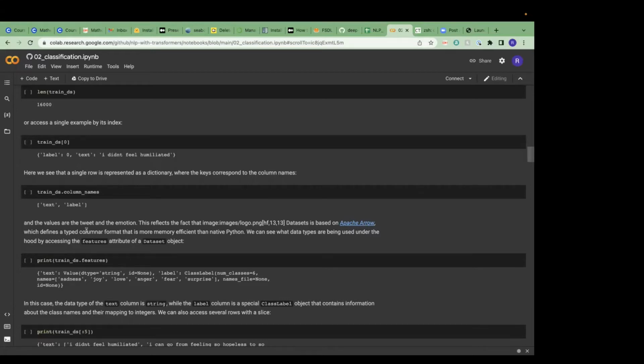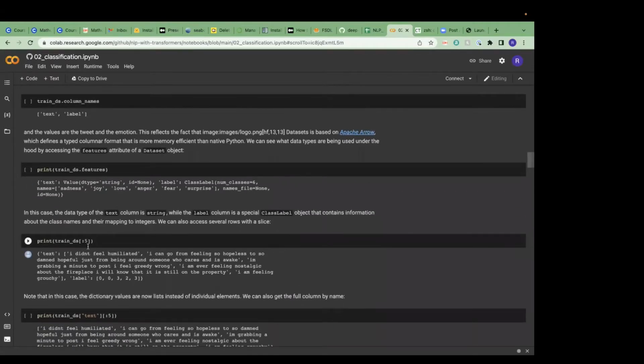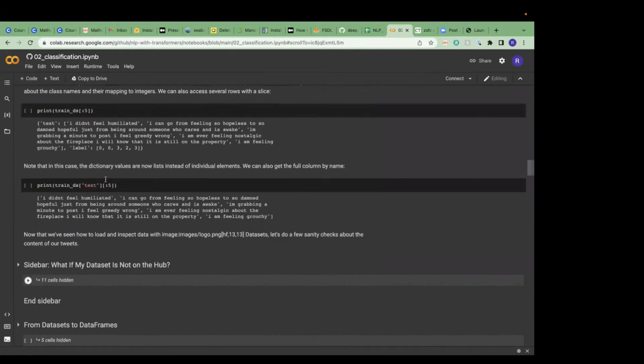These labels do have indices from 0 to 6 as well. It's displaying 5 examples. Since it's Twitter, there's a maximum character limit, so in a lot of these cases the length of the text is pretty uniform.